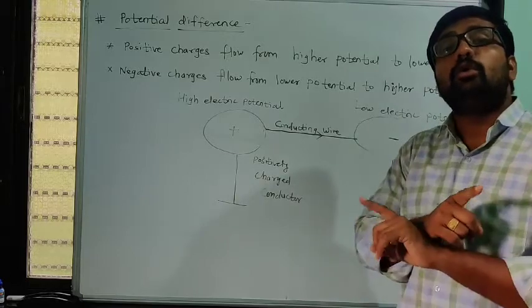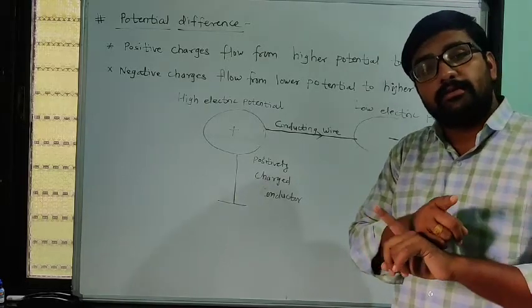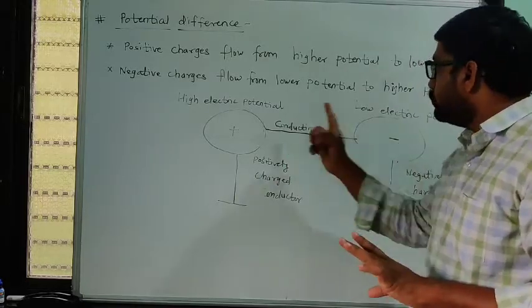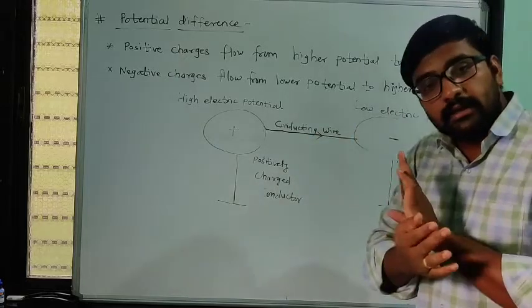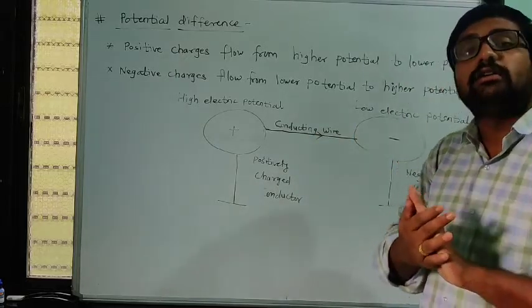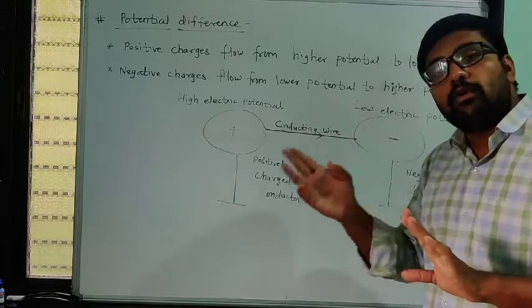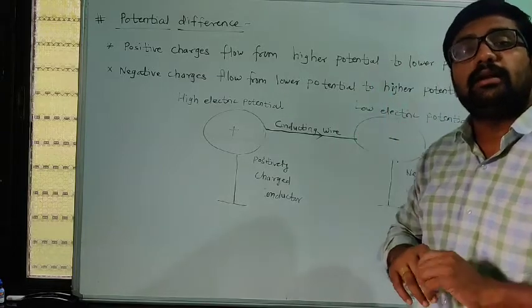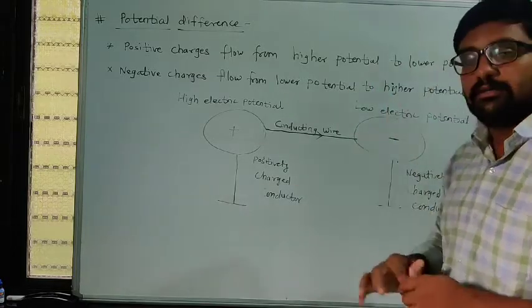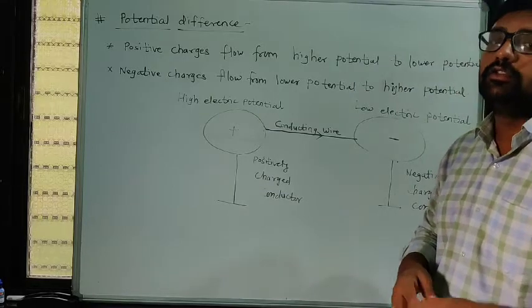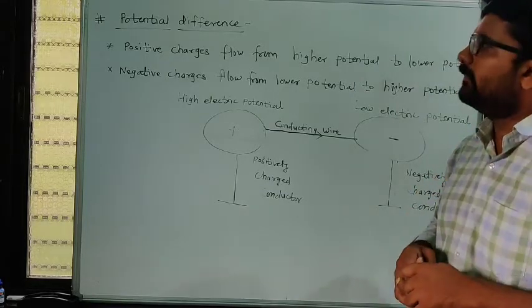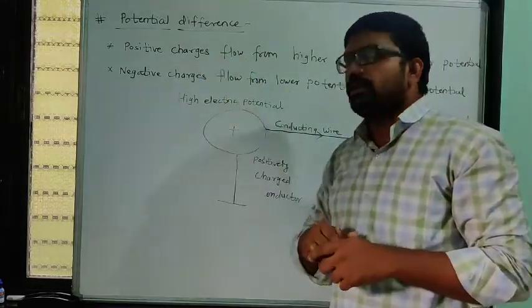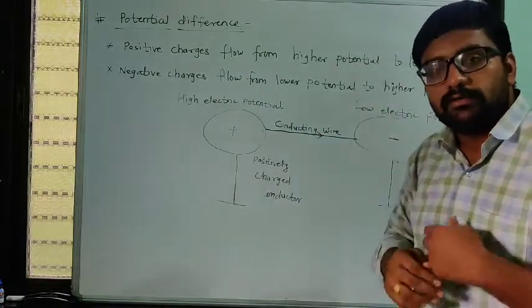If there is no electric potential between these two conductors, then charges will not go from one terminal to another, from one conductor to another. So this potential difference is simply required for the motion of charges.